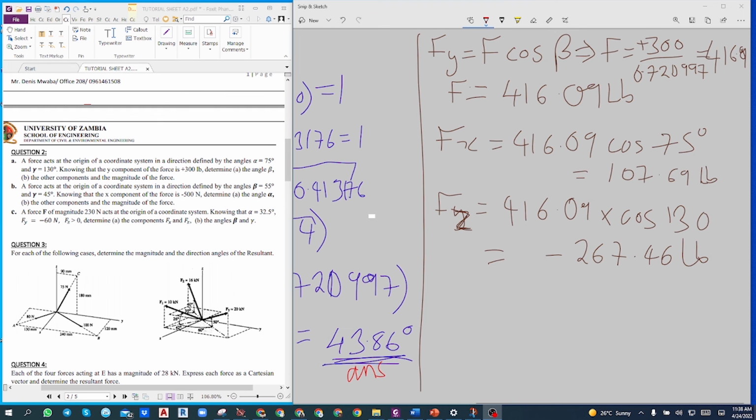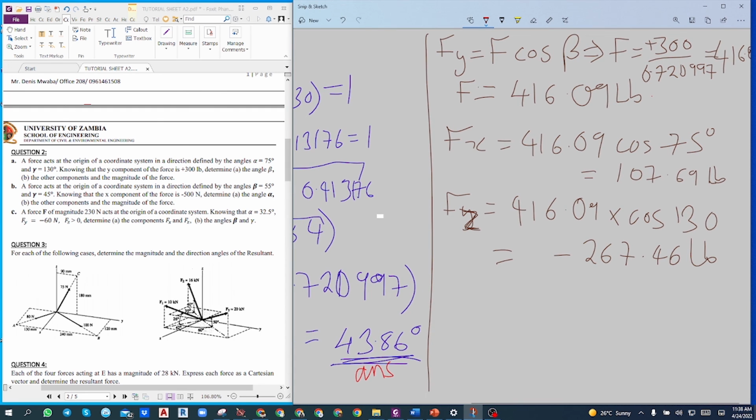We found F, and our answer is here. We were required to find this one. And then we found the other components. Our answers are here and here. So this is the magnitude of F, and the other components are Fx and Fz. Fy we already know. Alright, so thank you.